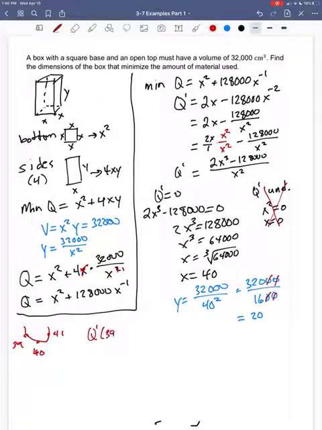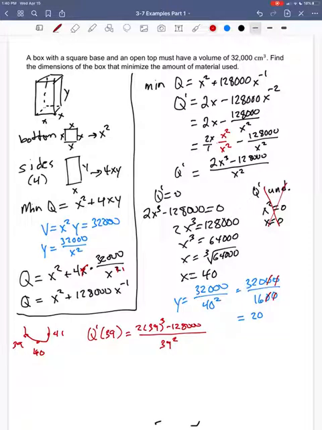If I look at Q prime of 39, what do I get? Well, it would be 2 times 39 cubed minus 128,000 all over 39 squared.